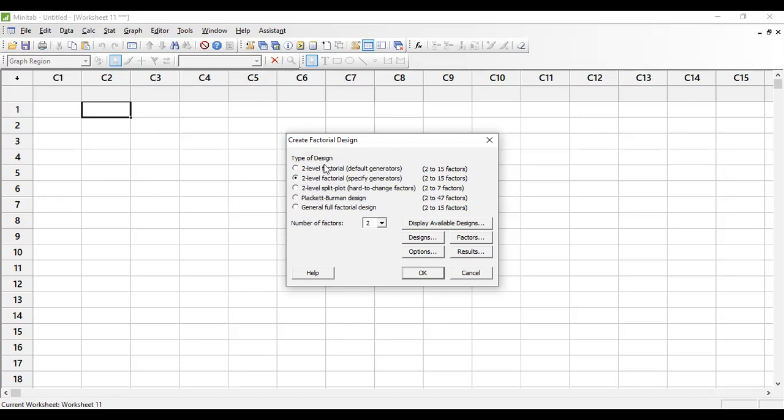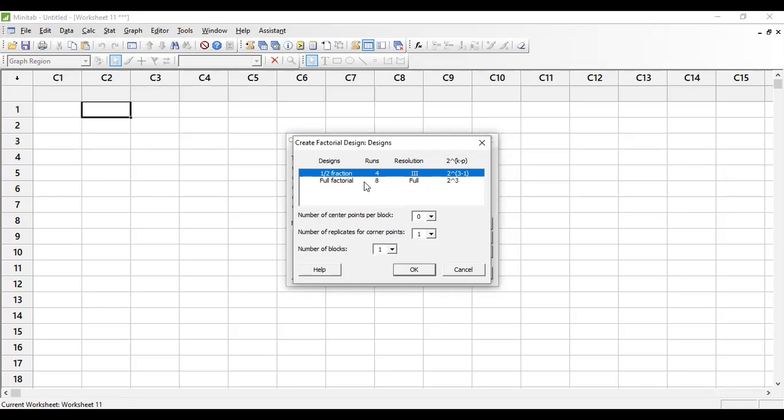There are some other methods as well. So I will use 2-level factorial design. In this software, you can use 2 to 15 factors. Then the number of factors, maybe 3, maybe 2, and I will use 3. And designs: full factorial design, or half fractional factorial design. We discussed all these things, right?